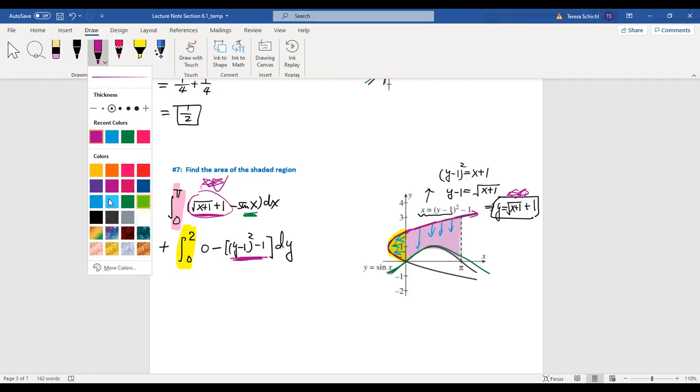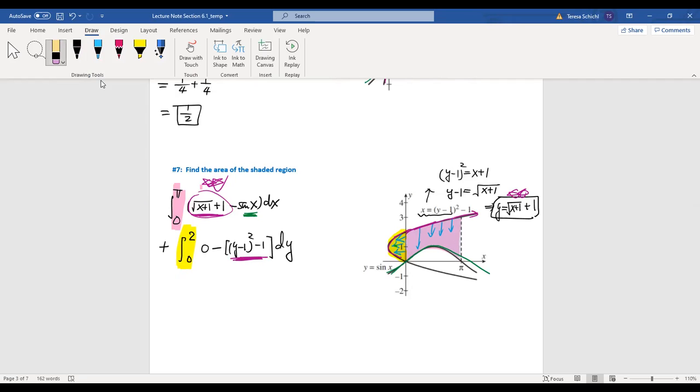This zero is the y-axis here. So it's 0 minus y minus 1.